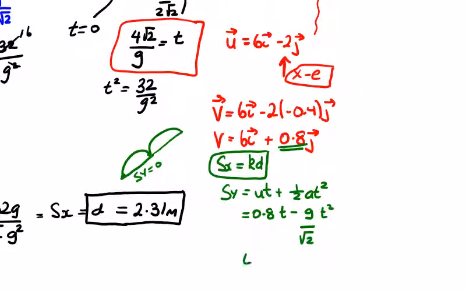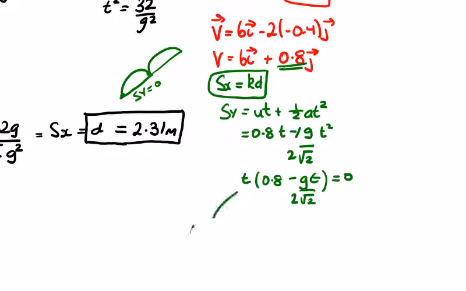So factoring out the t, we're going to get 0.8 minus gt over root 2. Just let out the half, so 1 there and 2 there, so it's g over 2 root 2. That's equal to 0.